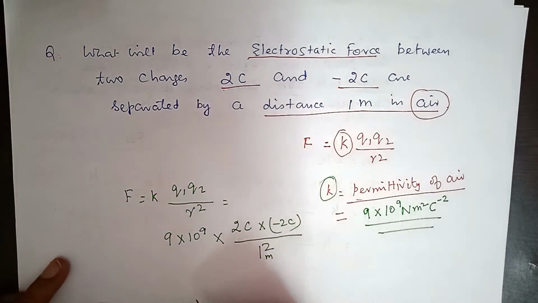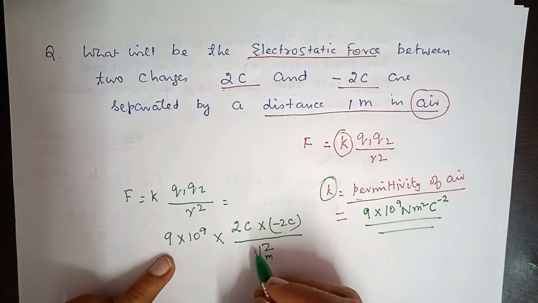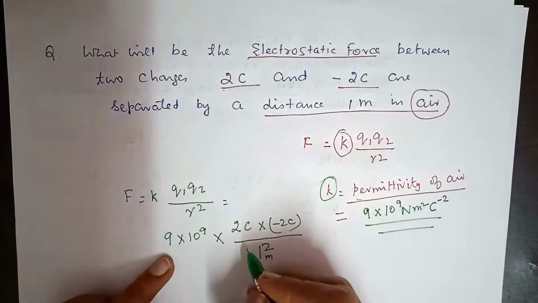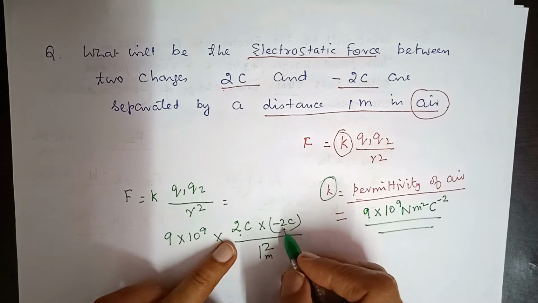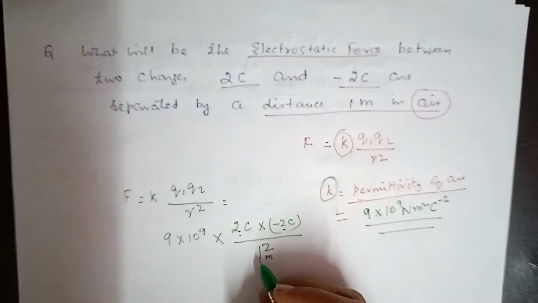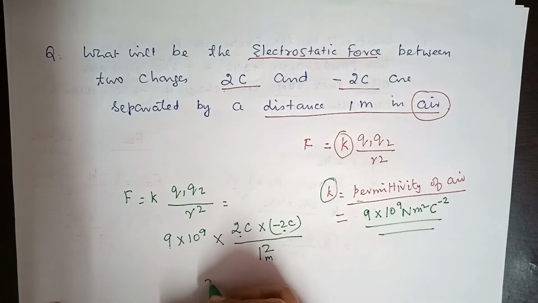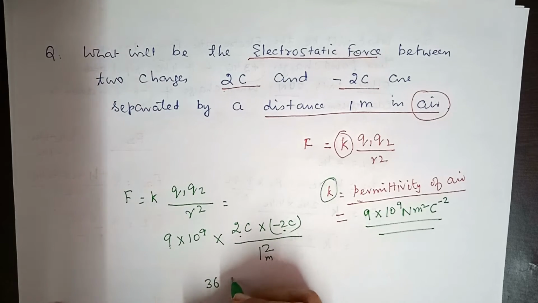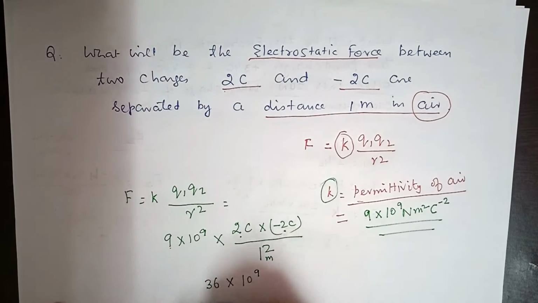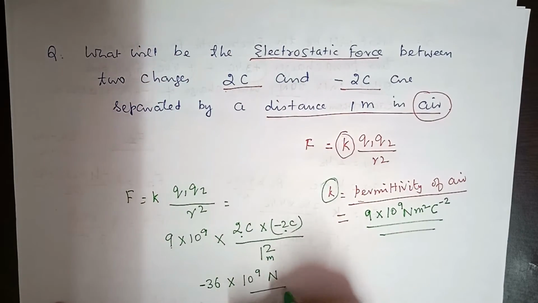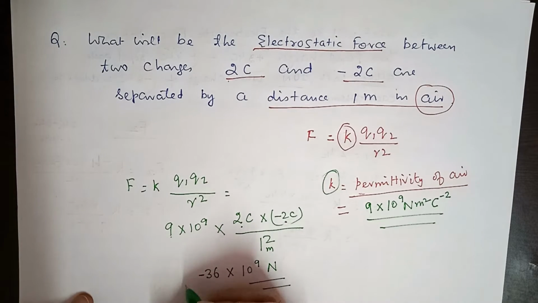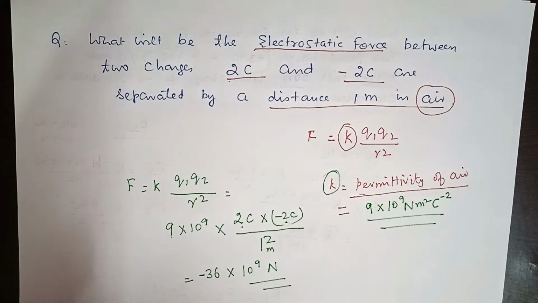Now by calculating it, 2 into minus 2 is minus 4, and 4 times 9 is 36, into 10 raised to the power 9 Newton. So force will be minus 36 into 10 raised to the power 9 Newton.